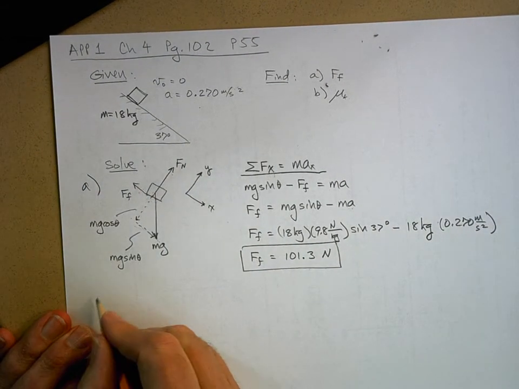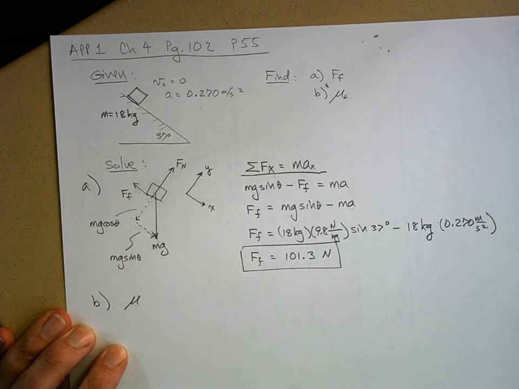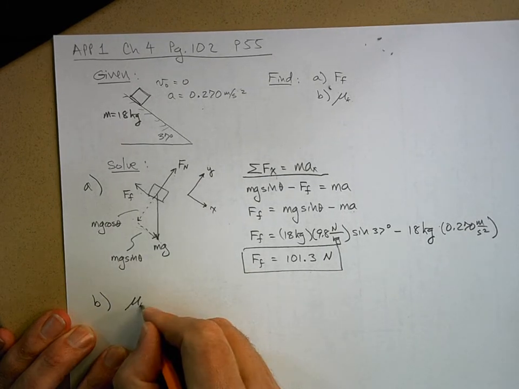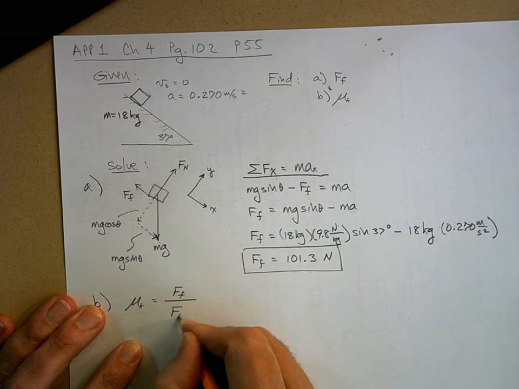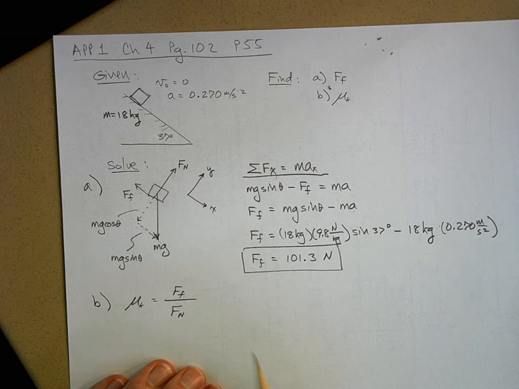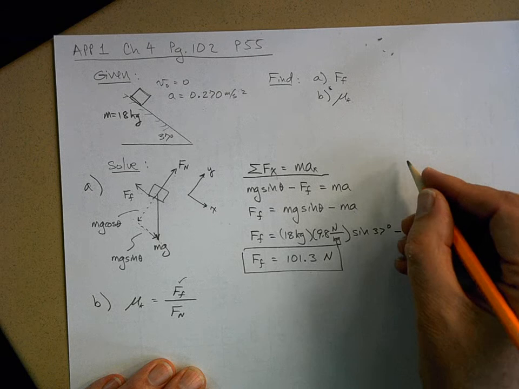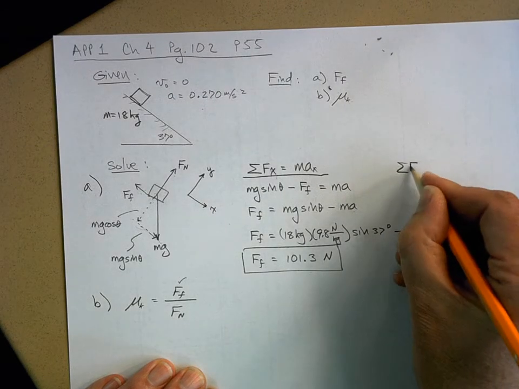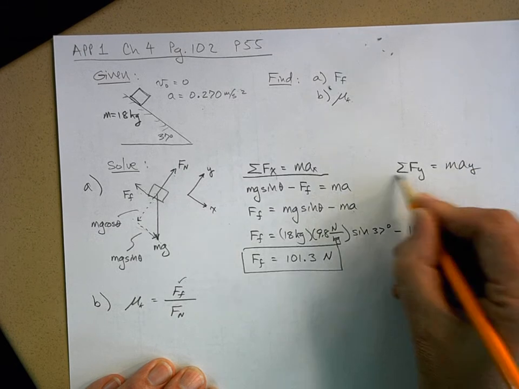On part B, I want the coefficient of kinetic friction, and that's equal to the force of friction divided by the normal force. Well, I know what the friction is, but now I need to know what the normal force is. Sum of the forces in the y direction equals ma in the y.